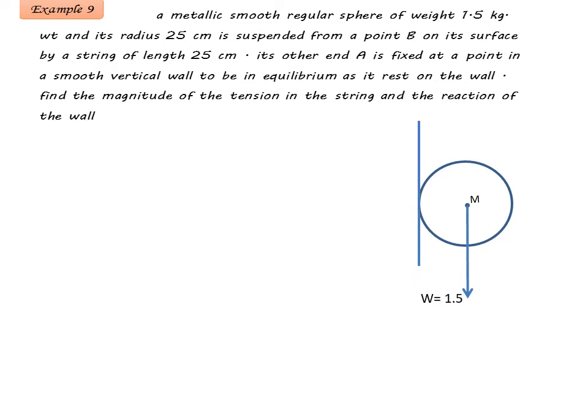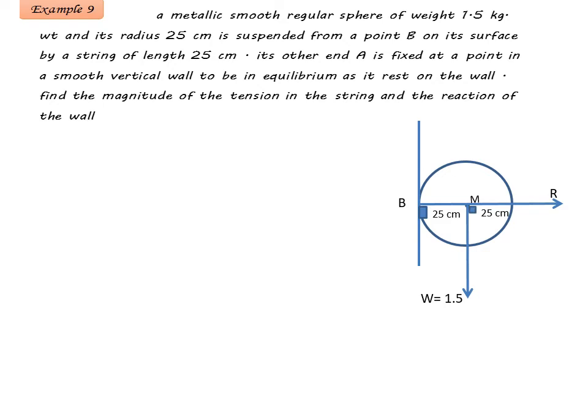This string is fixed, its other end A is fixed at a point on a vertical wall. Here we have the vertical wall, and the sphere touches the wall at a point, and of course the wall has a reaction which is perpendicular to the wall, like this. Finally the sphere is suspended by a string.